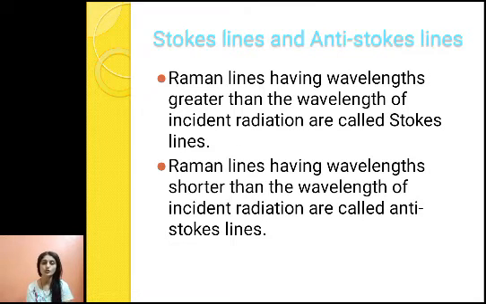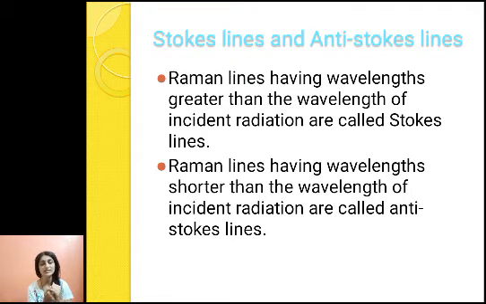Now we have two kinds of Raman lines, Stokes lines and anti-Stokes lines. As I discussed earlier, we have three components: one with the same frequency as the incident radiation, and two with higher and lower frequency. A Raman line having wavelength greater than the wavelength of incident radiation is called a Stokes line, and a Raman line having wavelength shorter than the wavelength of incident radiation is called an anti-Stokes line. Here I have defined them in terms of wavelength.